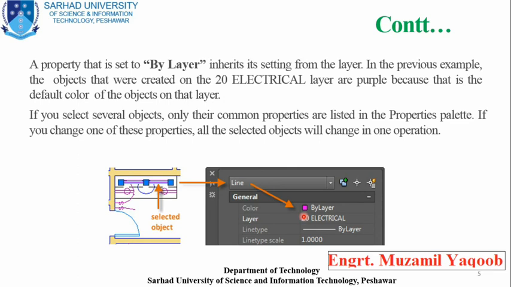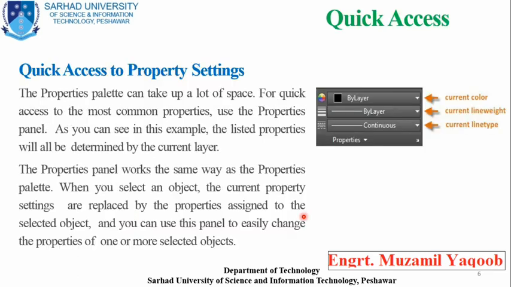So let's move towards the next slide. Quick access to property settings. For quick access to the most common properties, use the properties panel. As you can see in the example, the listed properties will be determined by the current layer, in other words, current color, current line width, current line type.